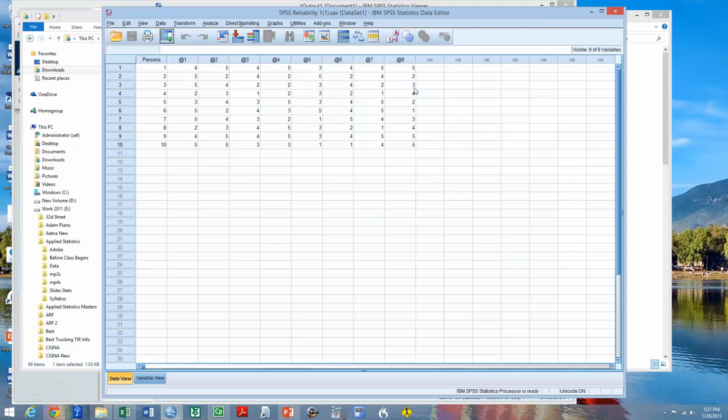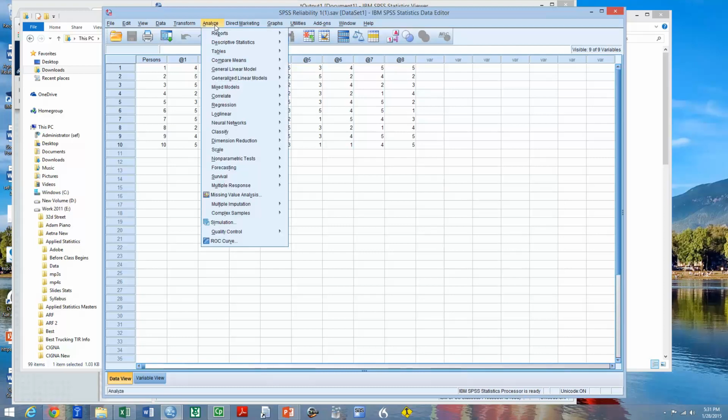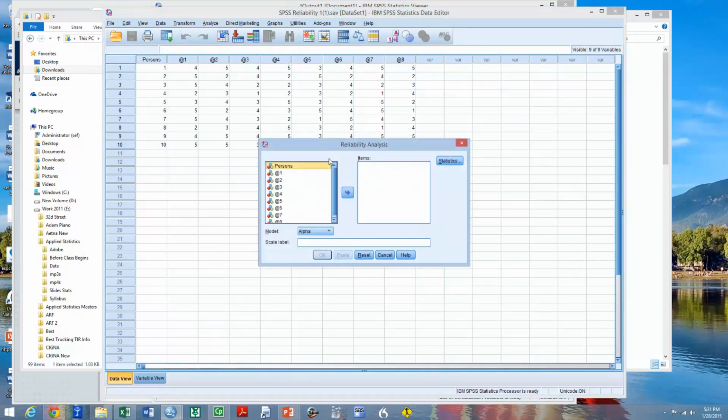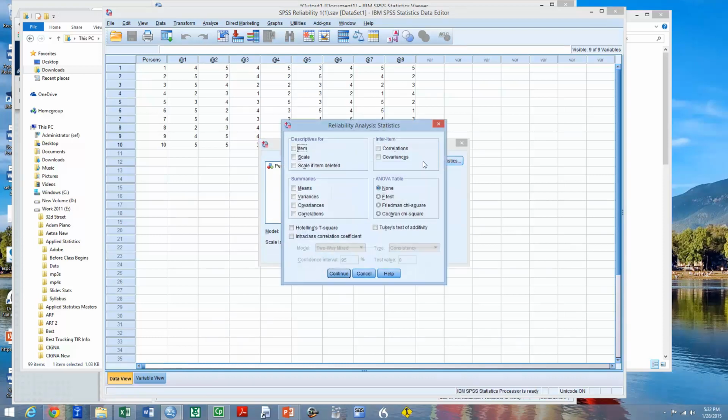This is an SPSS data set, and if we go analyze, scale, reliability analysis, we can put each of those 8 items into our reliability analysis. We can look at the statistics we want.